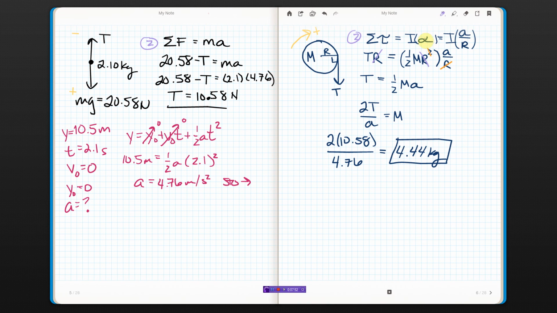You get a point for some arrow showing that either a equals alpha times r or alpha equals a over r. You can just do it by a direct substitution like this, or you could have written it out somewhere. But somehow the relationship between linear acceleration and angular acceleration is a point. So that's 5 points right there.